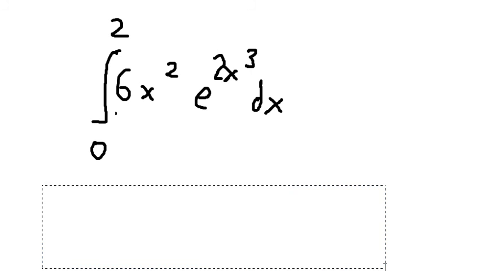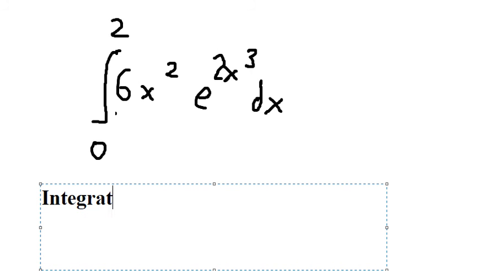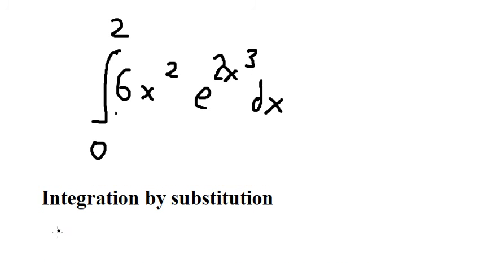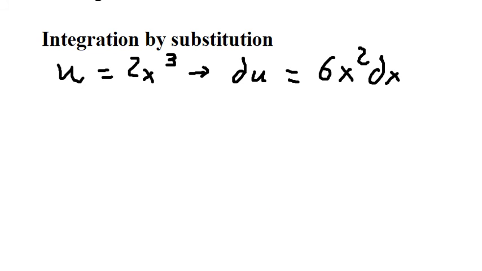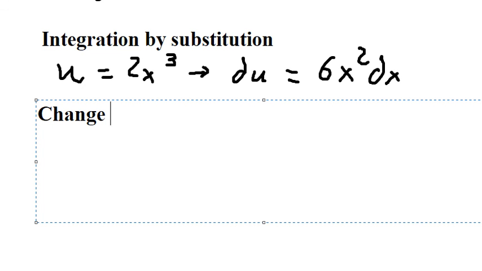So we need to use integration by substitution. So I will put u equal to 2s to the power of 3. This one we have du equal to 6s squared ds. Later we need to change the limits.